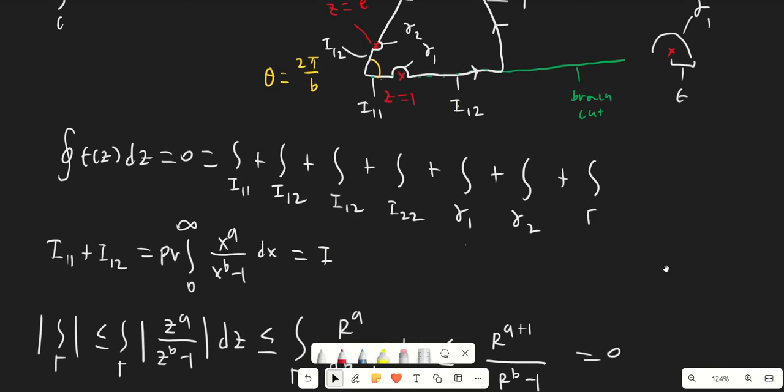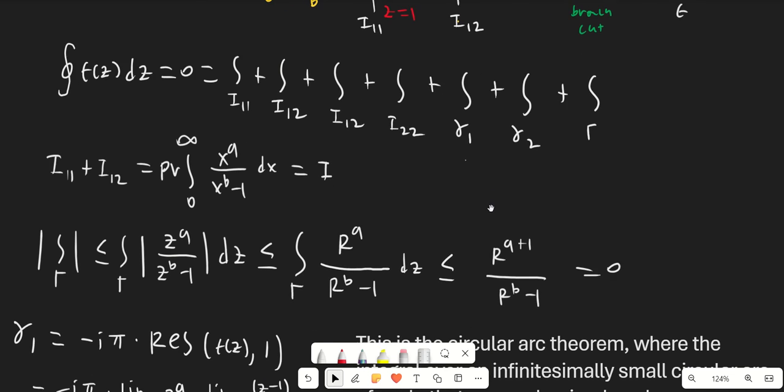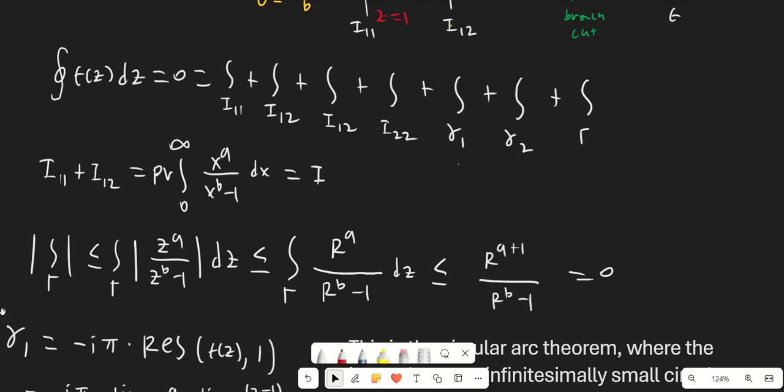So first, notice that I11 plus I12, we're approaching the singularity from equal rates, so this is just going to be equal to the principal value of x to the a over x to the b minus 1 dx, which is just I. For the gamma integral, we're going to go ahead and bound it real quick, so the absolute value of the integral is less than the integral of the absolute value, is less than or equal to r to the a over r to the b minus 1.